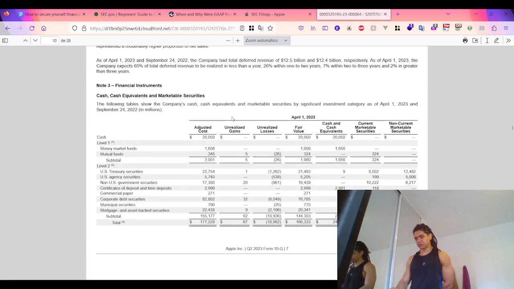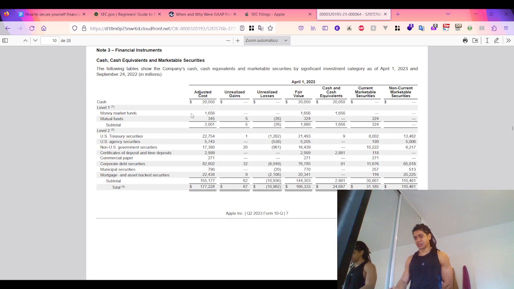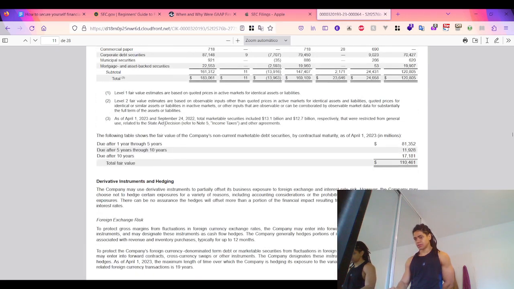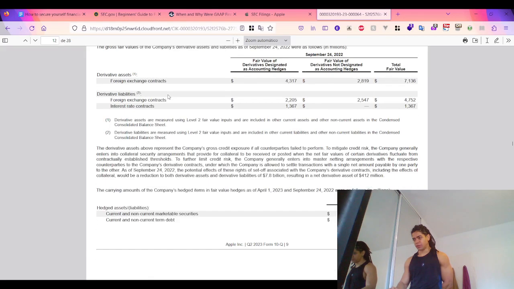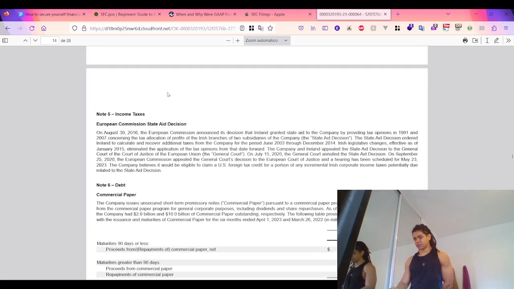Revenue, financial instruments, money market funds, mutual funds, U.S. Treasury securities, U.S. agency securities, non-U.S. government securities, certificates of deposit and time deposits, commercial paper, corporate debt securities, municipal securities, mortgage and asset-backed securities. All right. Interest rate risk, accounts receivable.